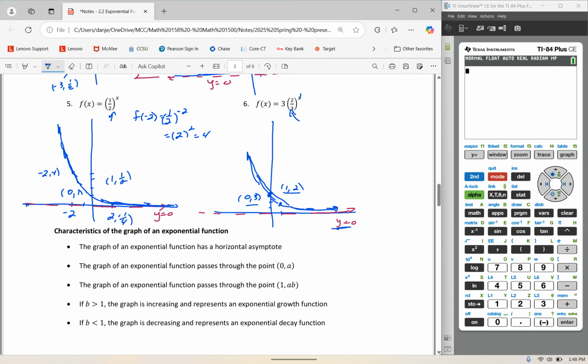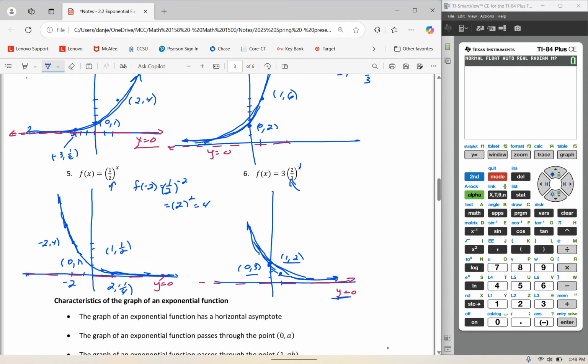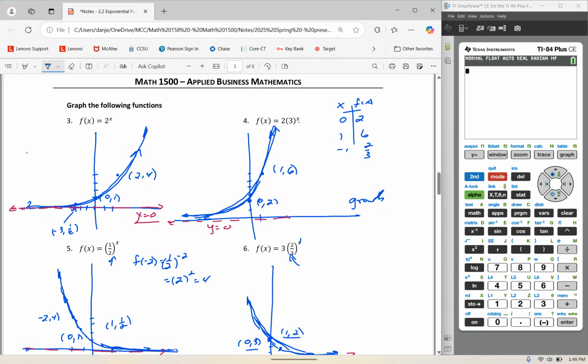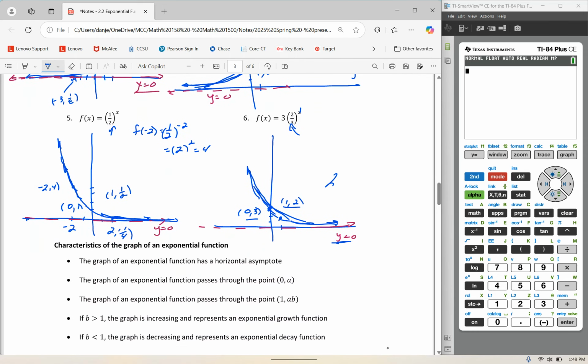That's because the b value is between 0 and 1. These are what we call exponential decay. So the first two that we graphed, numbers 3 and 4, were exponential growth. 5 and 6 are decay because the values are getting smaller. The graphs are getting smaller.